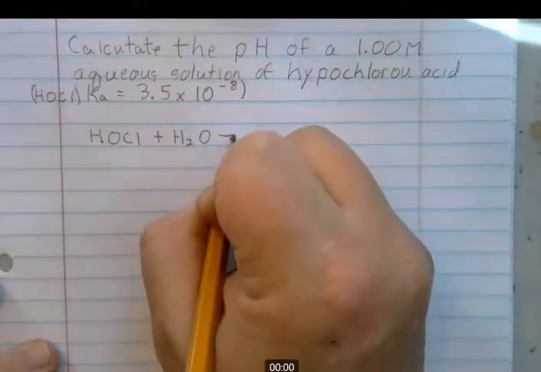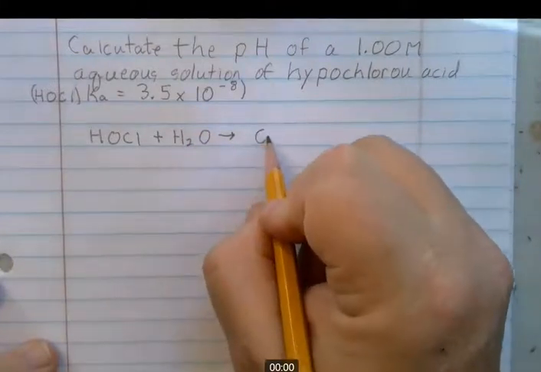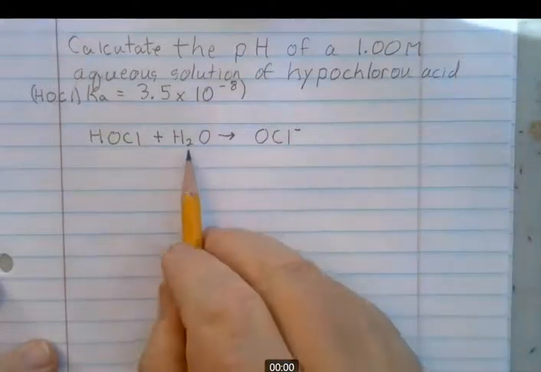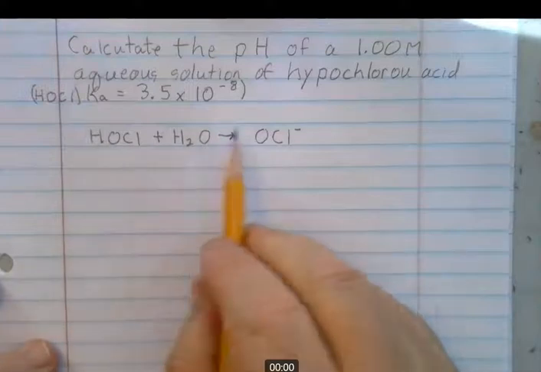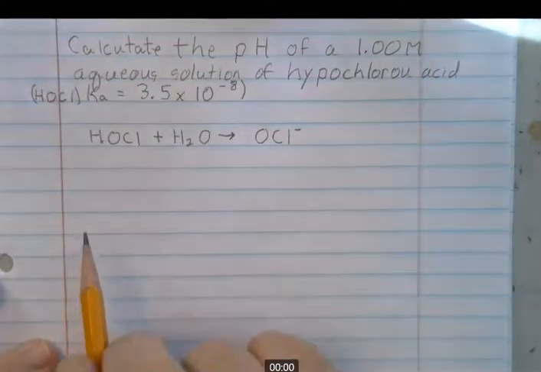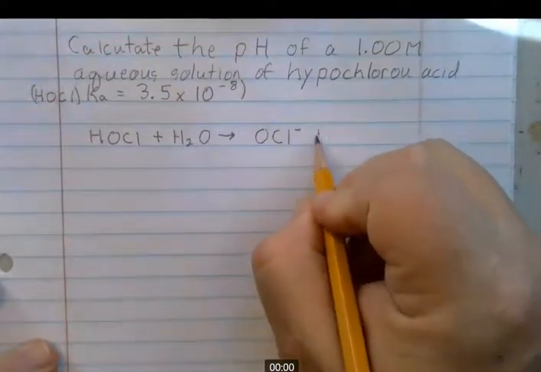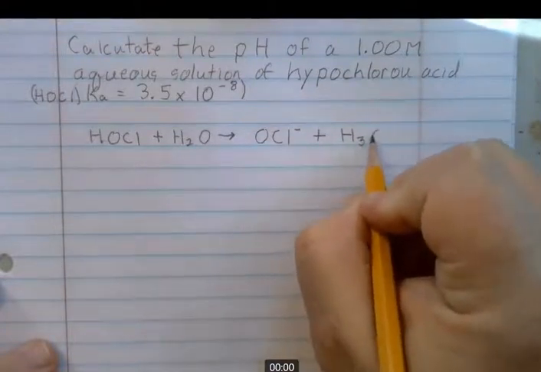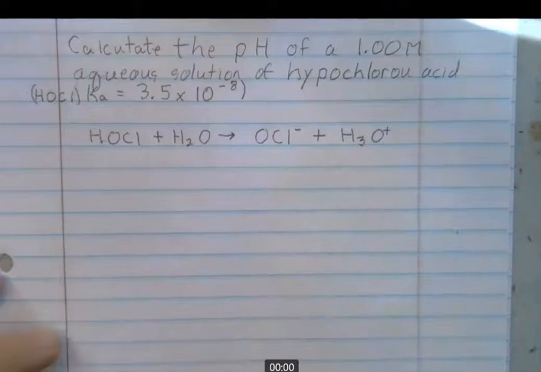And what that's going to produce is this OCl- ion that they were talking about. It just lost the proton, not the electron, so it becomes a negative charge. And like all acids, it produces a hydronium ion. Okay, so that's the chemical reaction.